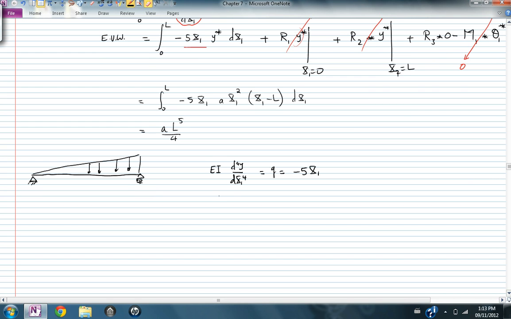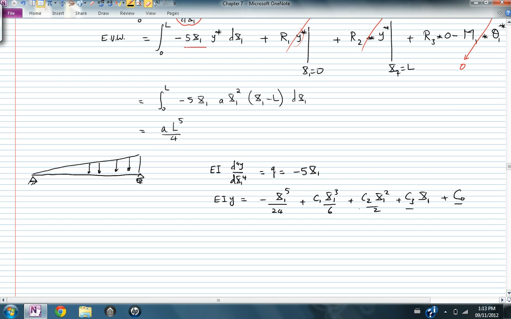Integrating 4 times, you'll find that EI y is equal to negative x1 power 5 divided by 24 plus c1 x1 cubed over 6 plus c2 x1 squared over 2 plus c3 x1 plus c0. 4 constants.